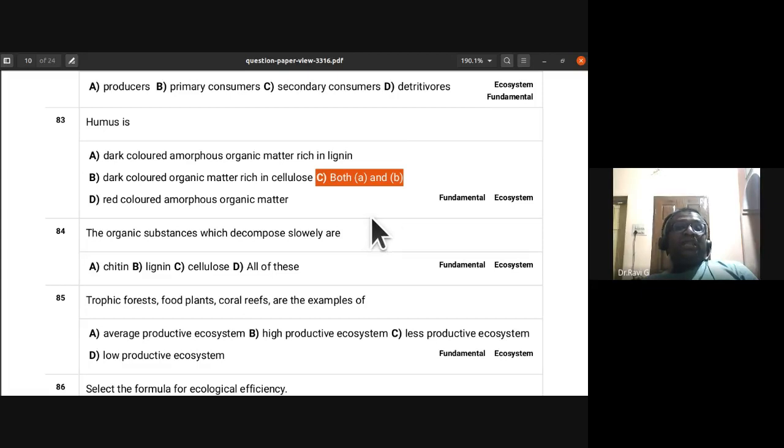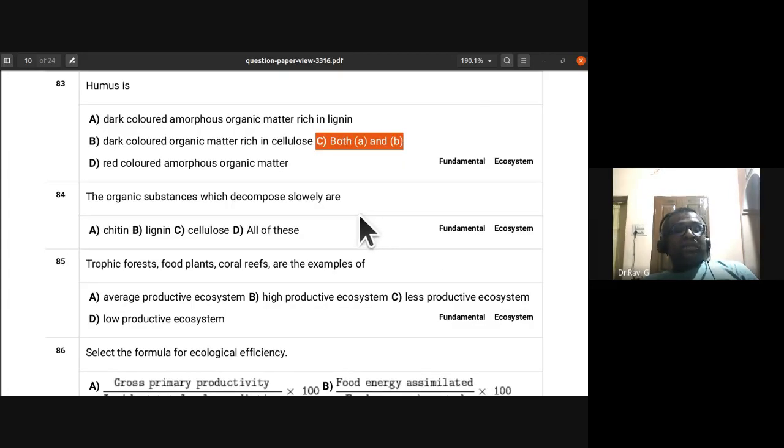So both lignin and cellulose are found in this dark colored amorphous organic matter, which we call humus. The organic substances which decompose slowly are chitin, lignin, cellulose, all of these. So 84th, the right answer is D, all of these.